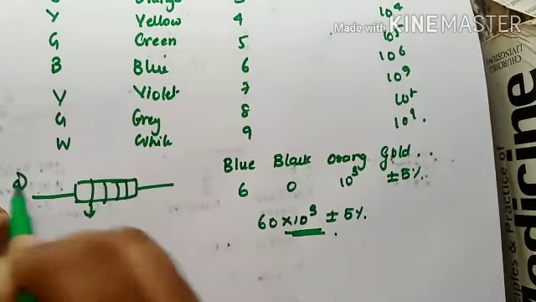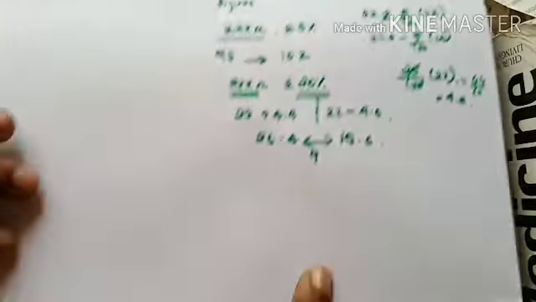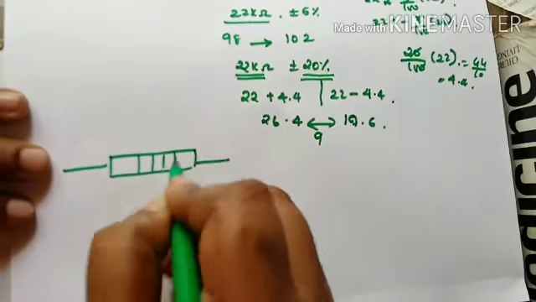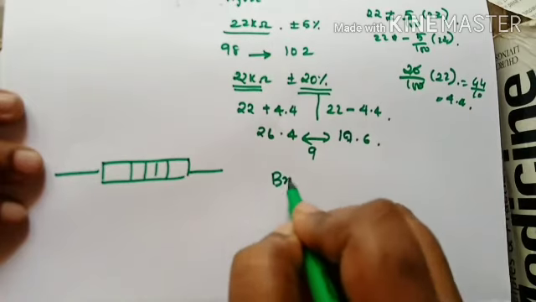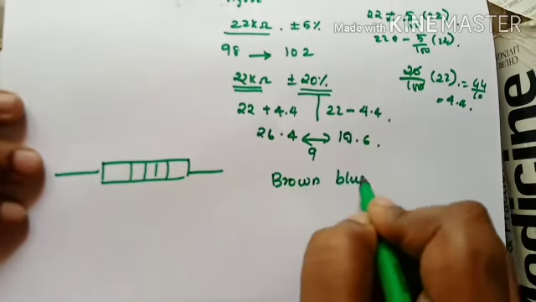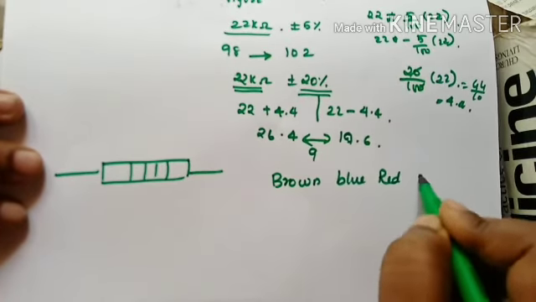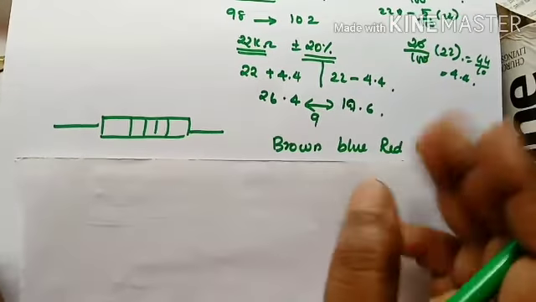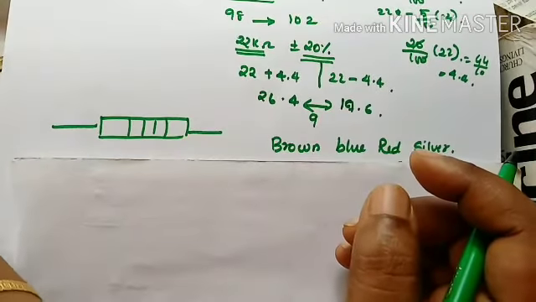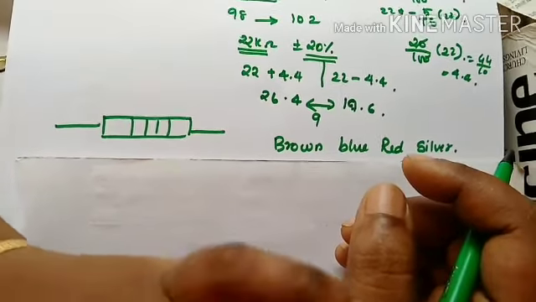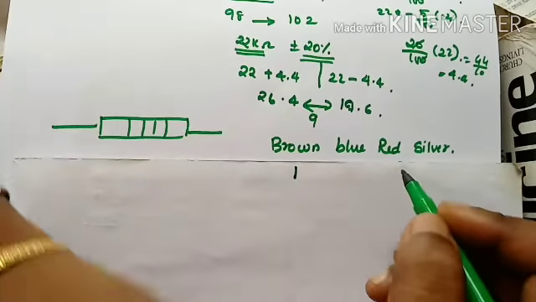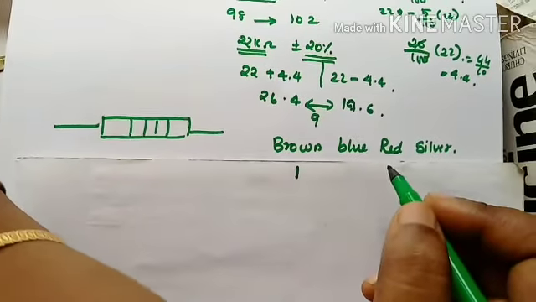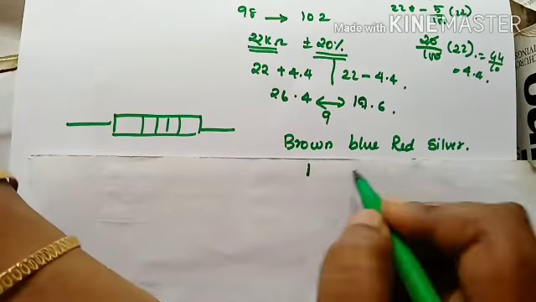Similarly, we'll do another one. Again a 4-band resistor: brown, blue, red, and silver. For brown, look into the code, BB Roy: 0, 1. So 1. Blue, BB Roy of Great Britain, so B will be 6.